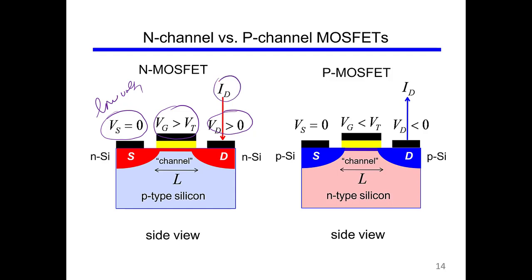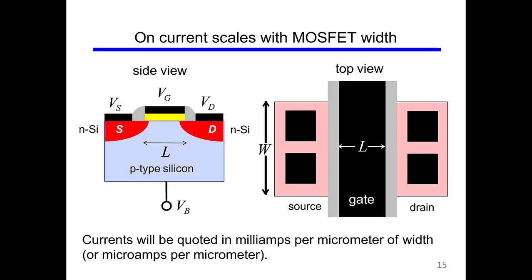For a PMOS, all the things are opposite. So this is 0, this is less than the threshold voltage. You can say the threshold voltage is negative in this case, and the ID flows here. So this is the whole story. Let me stop here for this part, and we will continue with the next part.